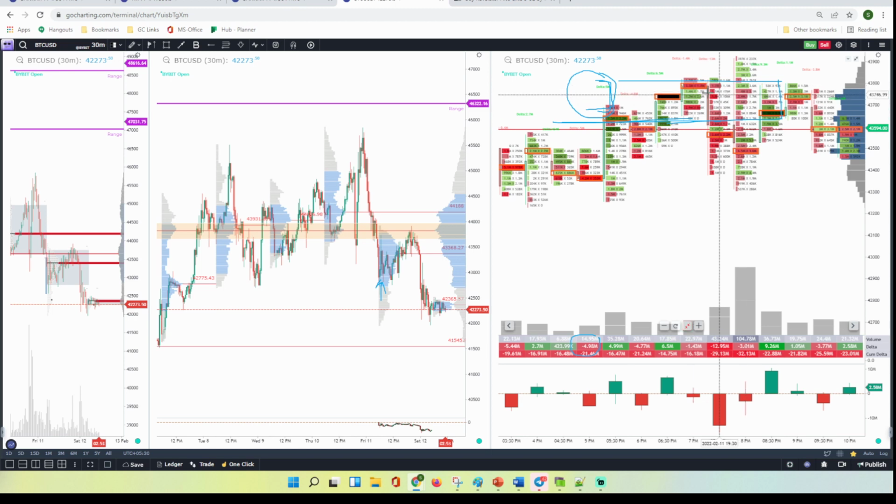Okay, so once this buying failed, we thought sellers were now trying to push back below. And if you look particularly at these three candles, it was buying followed by aggressive selling, followed by indecisive, and followed by a buying failure. So this was the last point where buyers really tried to push and failed.